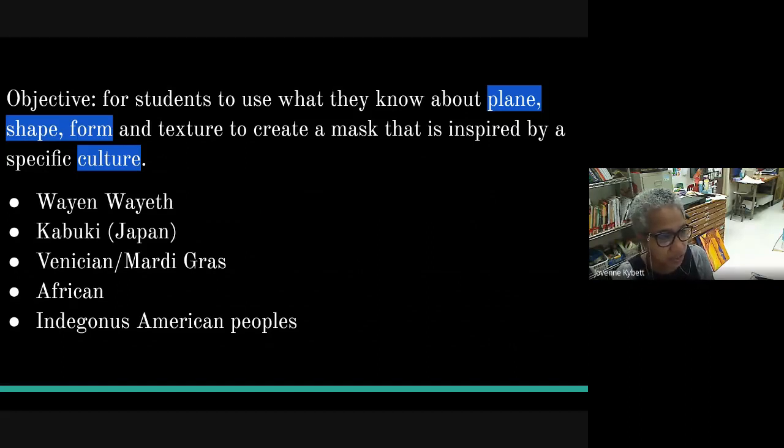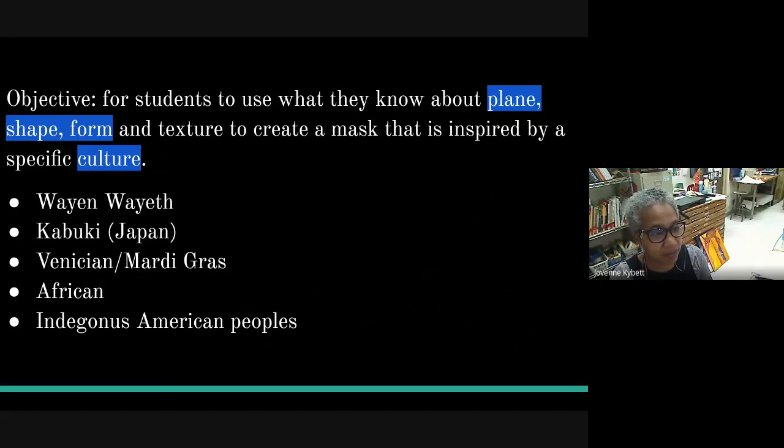We looked at Kabuki masks from Japan, Venetian and Mardi Gras masks, African masks, and indigenous American peoples' masks. So even though these are very different cultures and we were looking at different time periods, there are a lot of things that the kids were able to see similarities in, and not only how the masks were used, the function of the masks, whether it was artistic or if it had an actual function.